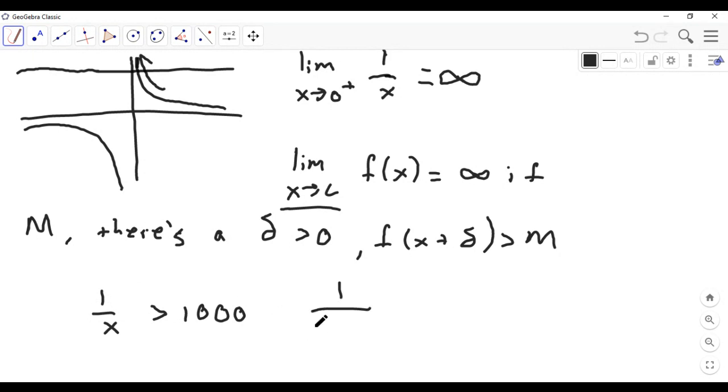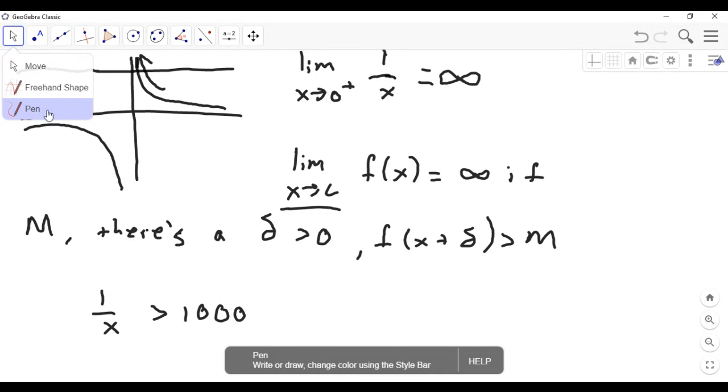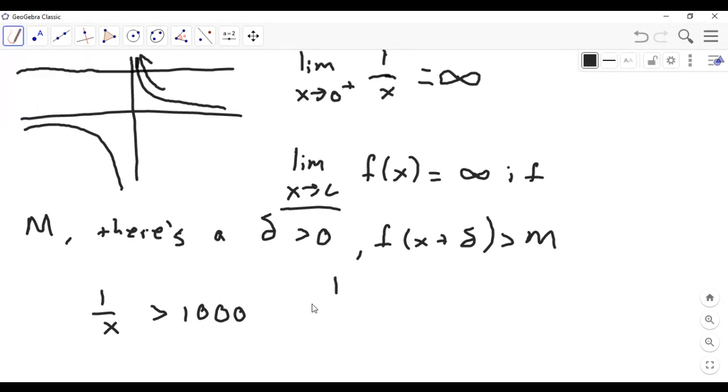So you have 1 over x. Since we're evaluating it at x equals 0, say, we have 1 divided by 0 plus delta is bigger than 1,000.